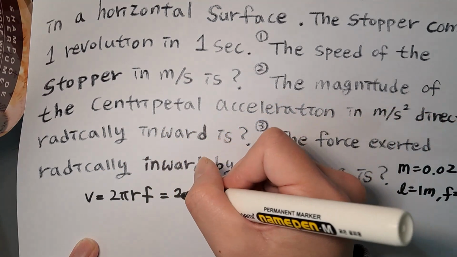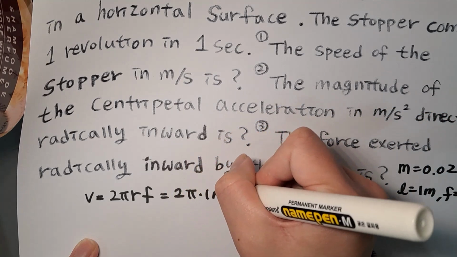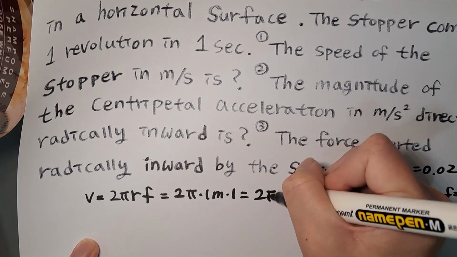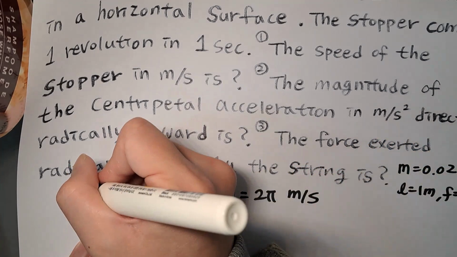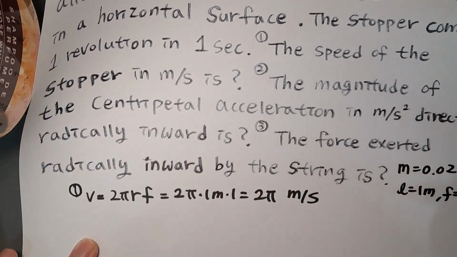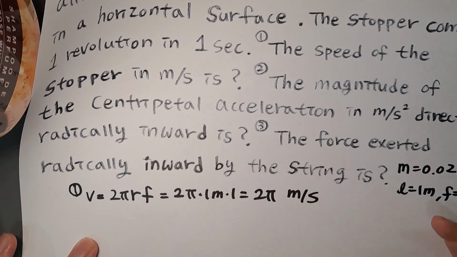So we can find 2 pi meters per second, and this is going to be the velocity. This is going to be the speed we are looking for.